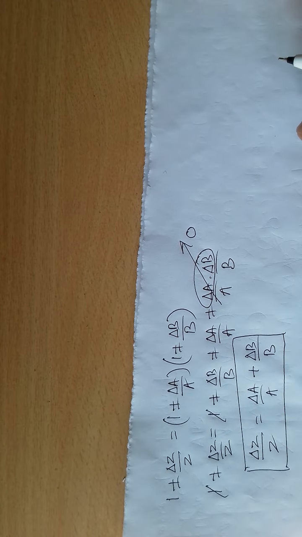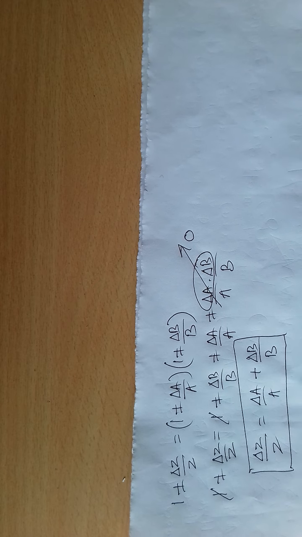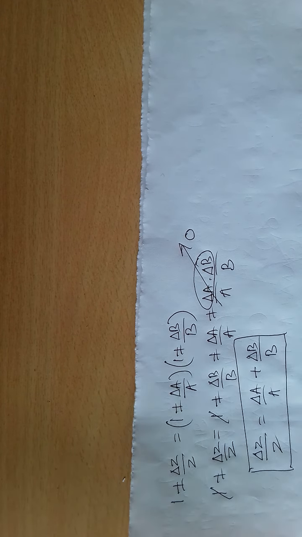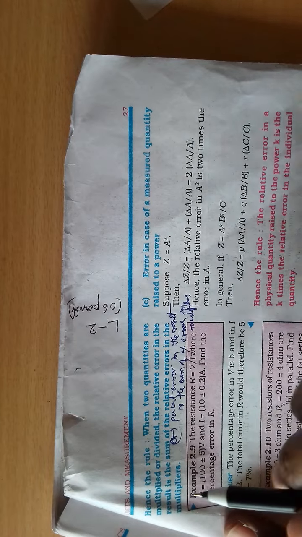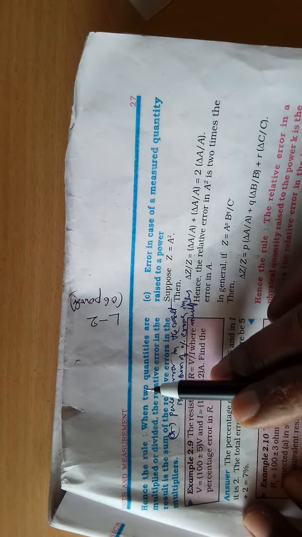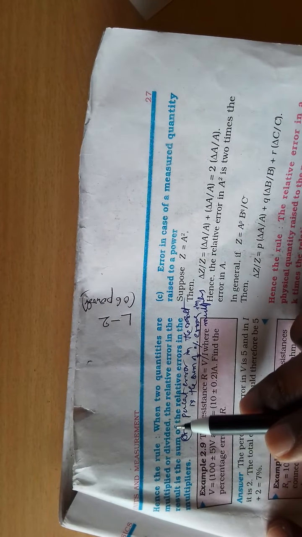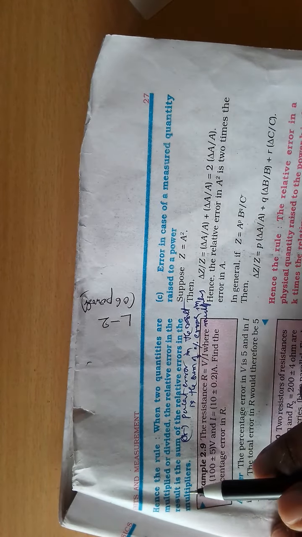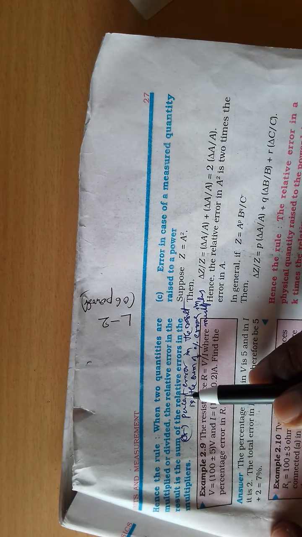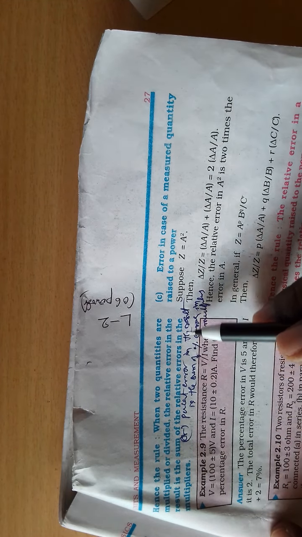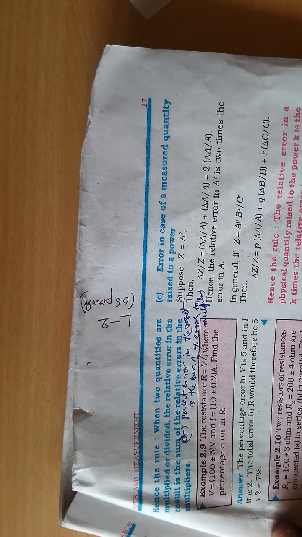For division also we got the same formula. Hence the rule: when two quantities are multiplied or divided, the relative error in the result is the sum of the relative errors in the multipliers.